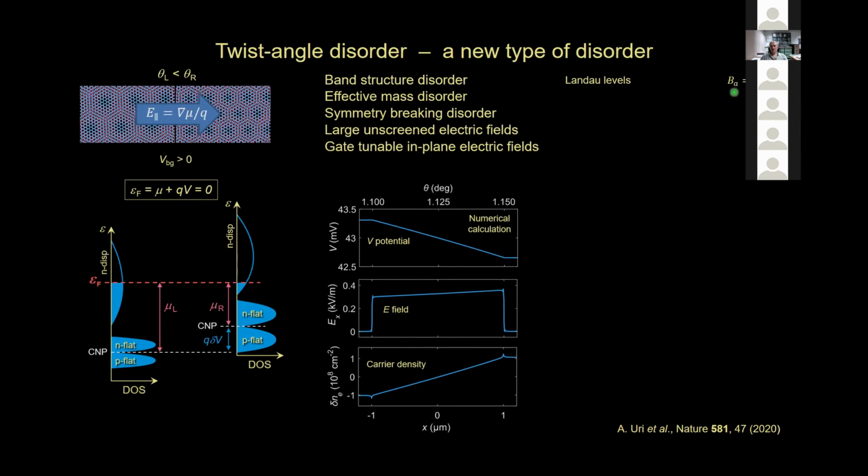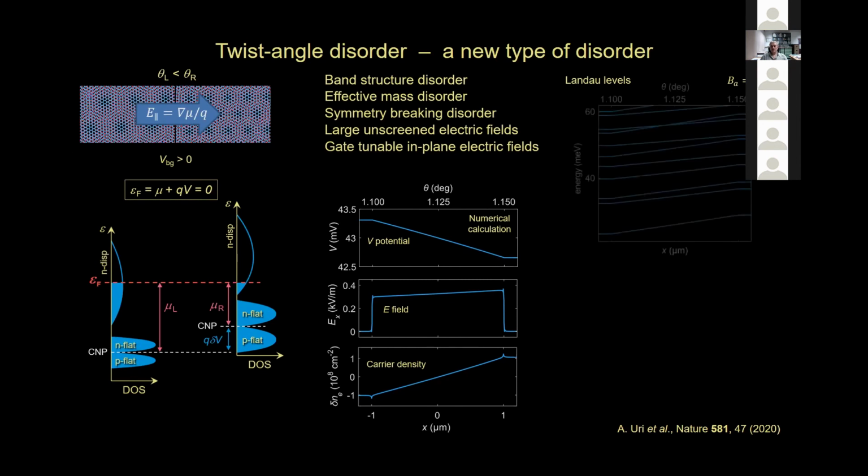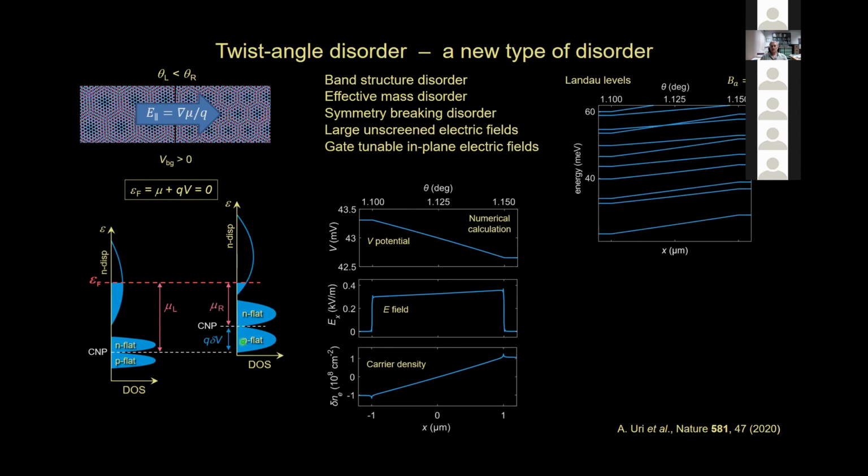So this is a calculation for a 1.2 Tesla magnetic field. Since we have calculated the band structure, we can calculate the Landau levels. In this case, the Landau levels will be tilted because the bottom of the dispersive band will be position dependent. As a result, we will form compressible and incompressible strips.